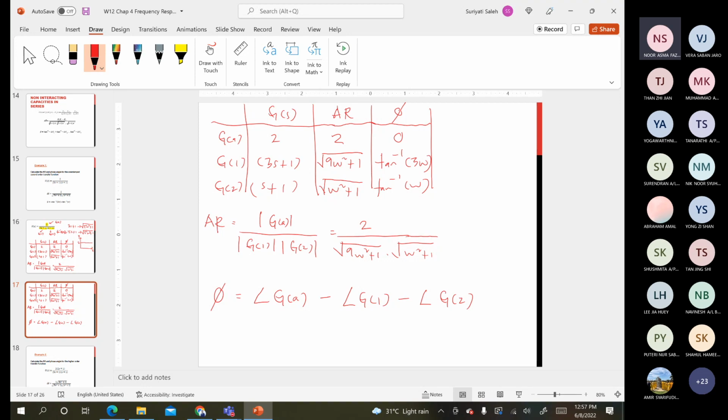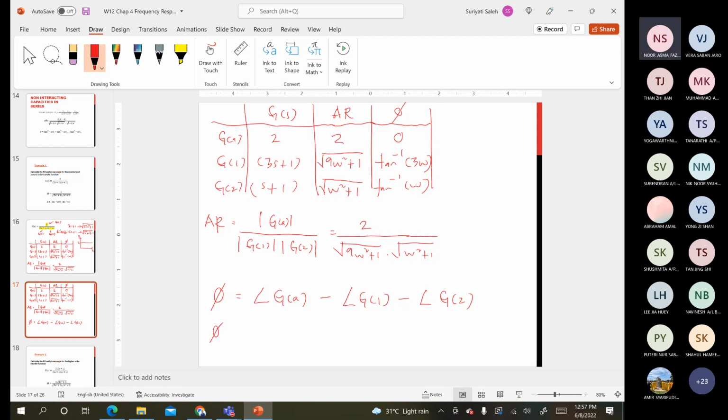This is the standard way of obtaining the phase angle for this transfer function. For the amplitude ratio, you just arrange it and put the modulus. But for the angle, the angle of the transfer function in the numerator subtracts the angle in the denominator, top minus bottom.